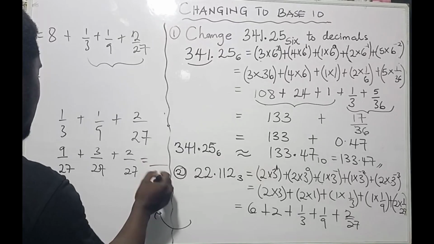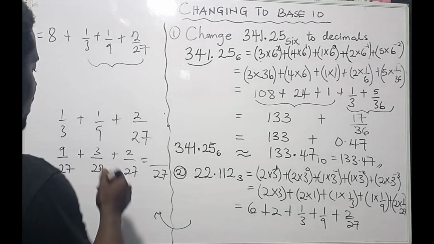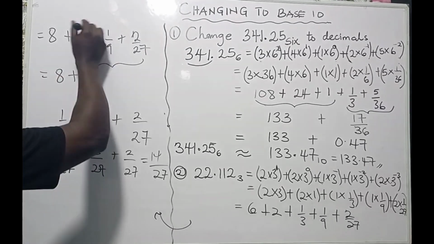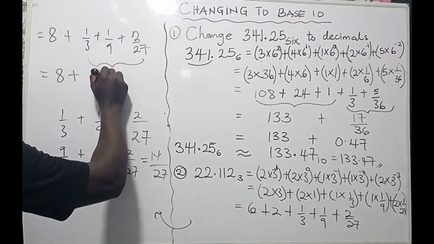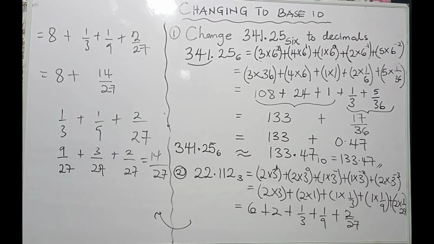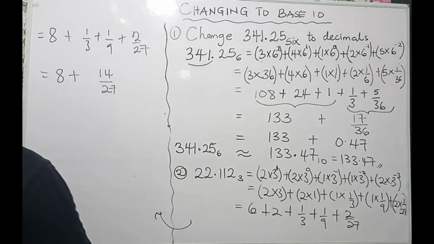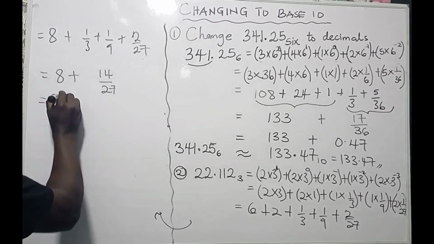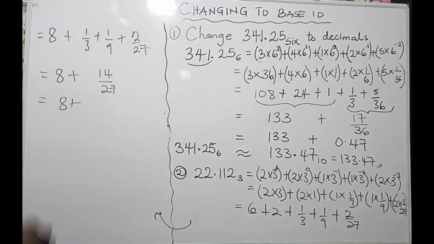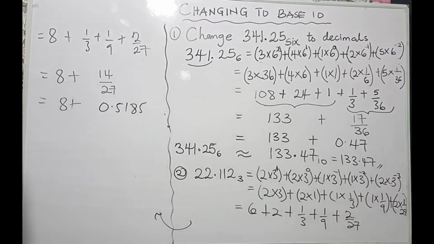We can now add their numerators since the denominators are the same. Now 9 plus 3 is 12, plus 2, which is 14. We can now write that 8 plus the whole of that is 8 and 14 over 27. 14 over 27 in decimal form is approximately 0.5185.